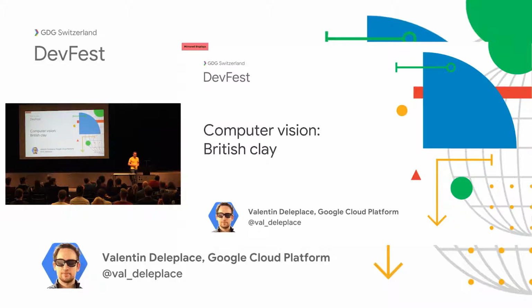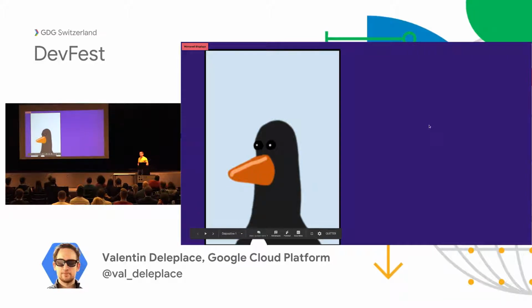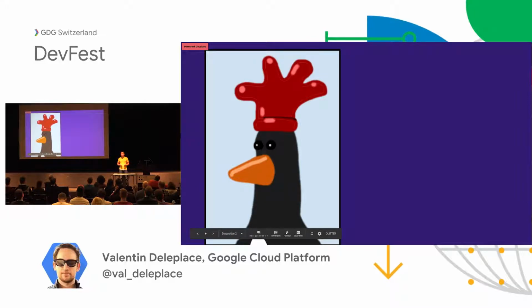So first, a little bit of storytelling. When I was a kid in the 90s, there was this really great movie in the cinemas. It was a clay animation stop-motion movie, and one of the characters was a penguin. In the plot of the movie, the police was actively looking for a dangerous criminal penguin.